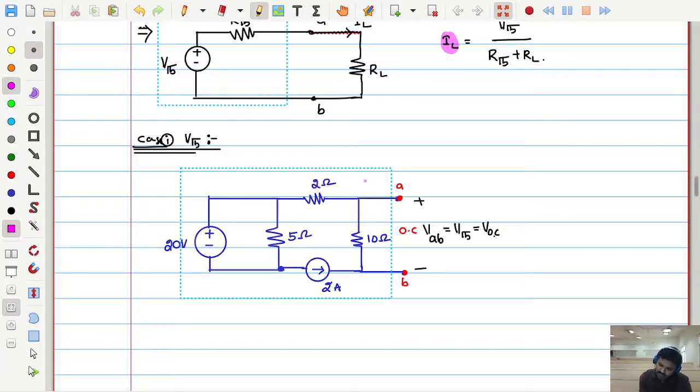You need not worry about this dotted line box, that is only for general awareness. Now start at A, reach towards B through some elements, and try to find the voltage between A and B in this journey. Whatever voltages you come across, you try to add up. Only one element is there.